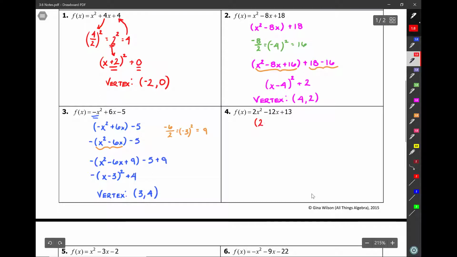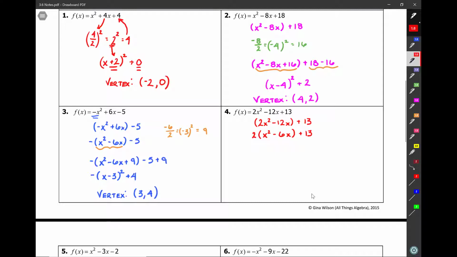We're going to take our first 2 terms and put them in parentheses, leave our last term alone. Now we notice on the first 2 terms we have this 2 in front of the x squared. We also notice that 2 will evenly divide -12. So let's factor the 2 out. And this is where we're at at this point.